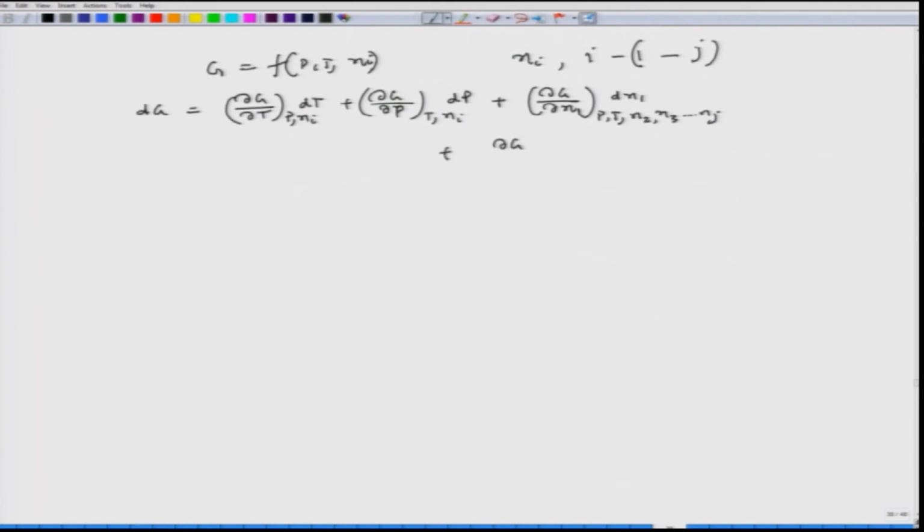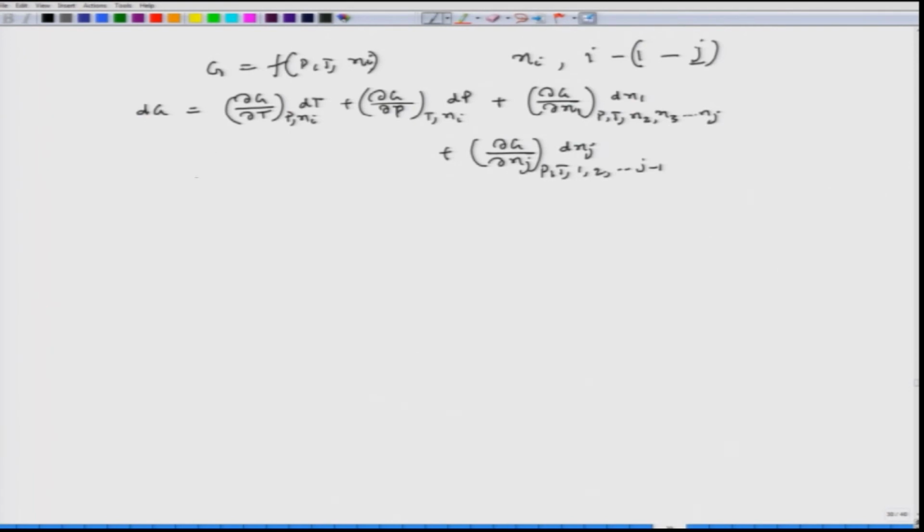Similarly, I can write del G by del nj at constant P, T and the other n's, 1, 2 up to j minus 1, because only up to j is available in the system.